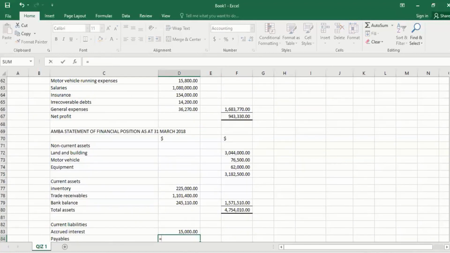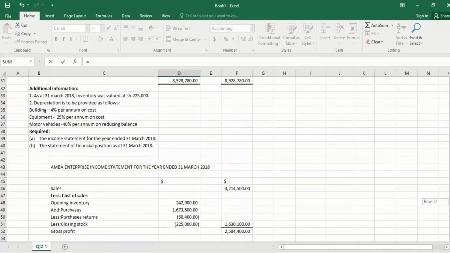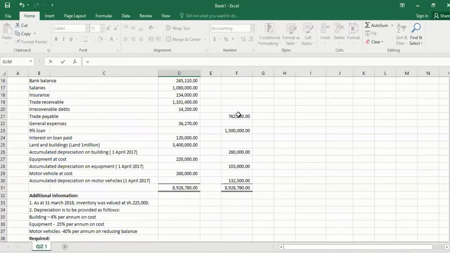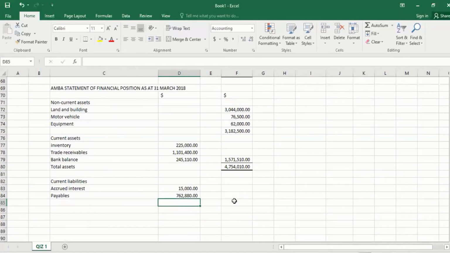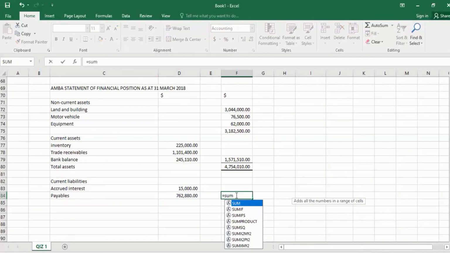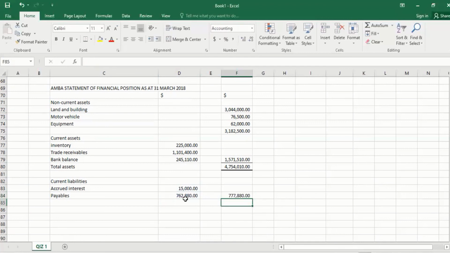Payables, pull it here. Remember, liabilities are usually on the credit side. So the two of them, then I can have the sum total of these two.